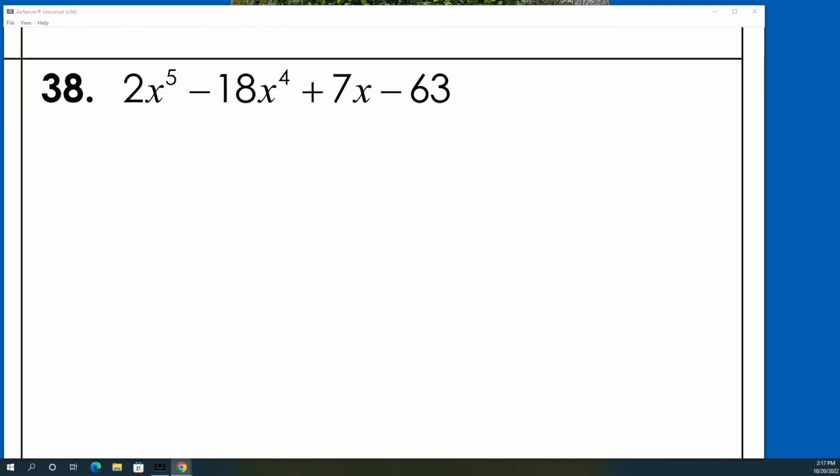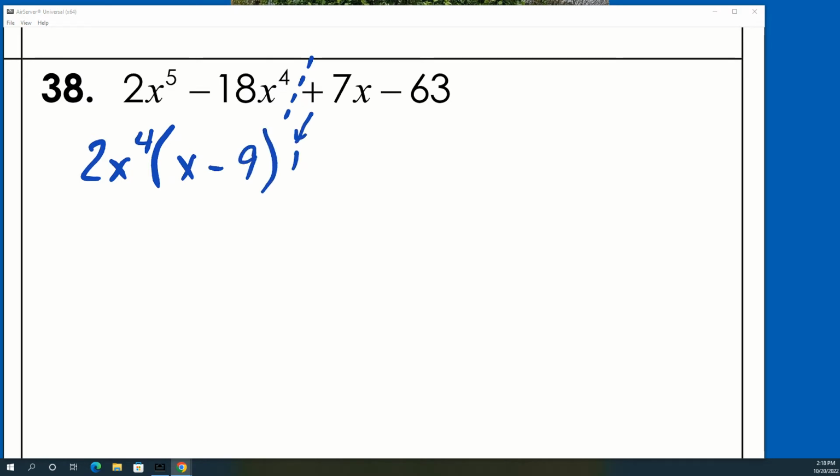All right, this one has 4 terms, so we're going to factor by grouping. What can we factor out of the first group? If we're looking at the numbers 2 and 18, we can factor out a 2. And then x's, remember, we take the smaller exponent. That should leave us with x minus 9.